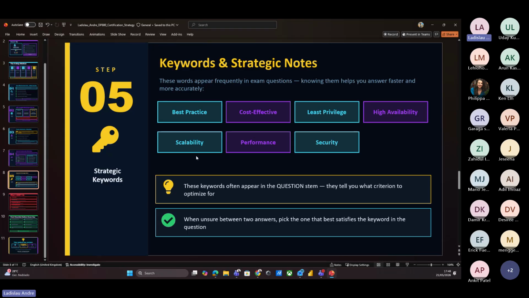If they ask me in the DP-600 exam if I want to move data or do ETL with transformation using a low-code or no-code solution, in my head, because I have these keywords, ETL, low-code, no-code solution, I already know instantly that it's Dataflows Gen2. Why? Because I have the two keywords, ETL and low-code, no-code solution.